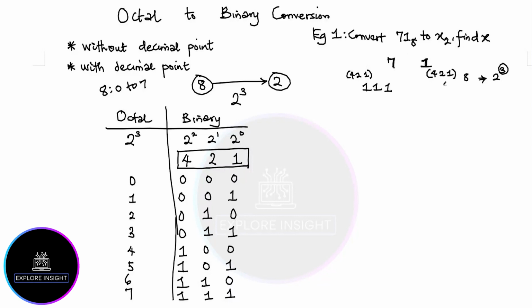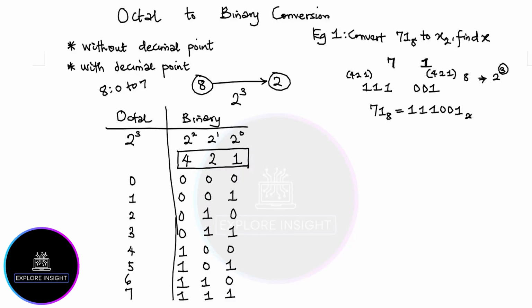What will it represent? Definitely it will be 0, 0, 1. So putting that together, I will say that 71 in base 8 is going to be 1, 1, 1, 0, 0, 1 in base 2.